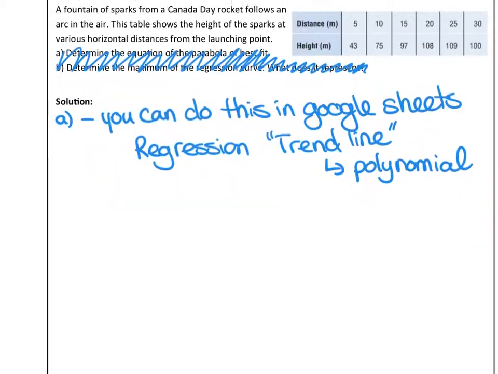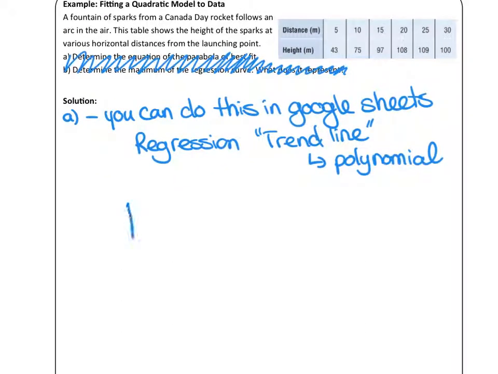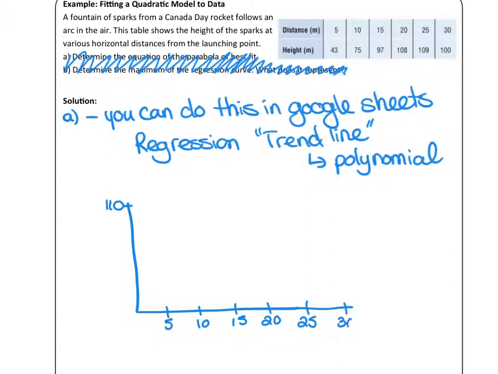But essentially what's going to happen, I can just look at the numbers here. It goes up to like 110. And they do 5, 10, 15, 20, 25, and 30. So if we were to graph them, 30 is at 100, so it's just below. 25 is at 109.